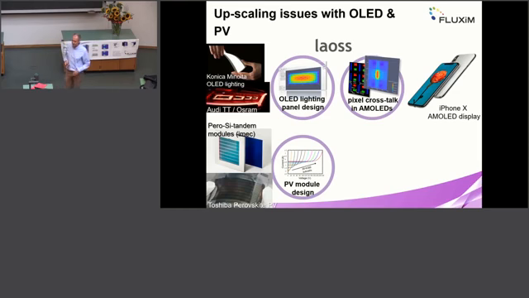And then for photovoltaics, typically you start out with research cells which are very small, but then as you want to upscale to larger areas, you need to connect several cells in series or in parallel. And then the question is how to choose the right shape of the cell, how to interconnect the cells.